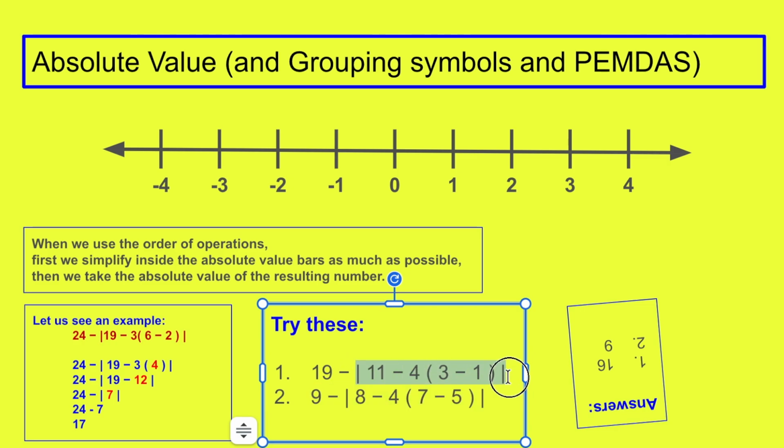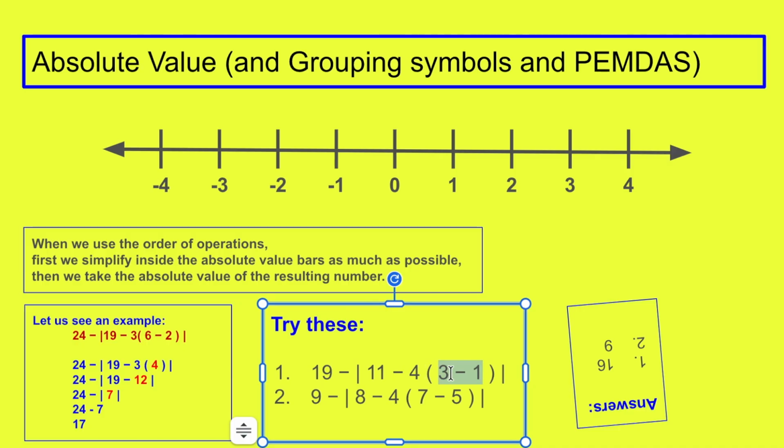So here, this is the first part we will do in this expression: 19 minus absolute value of 11 minus 4 times 3 minus 1. The next step is there is a multiplication within this. So within the multiplication, there is a 3 minus 1. That is what we will first do.